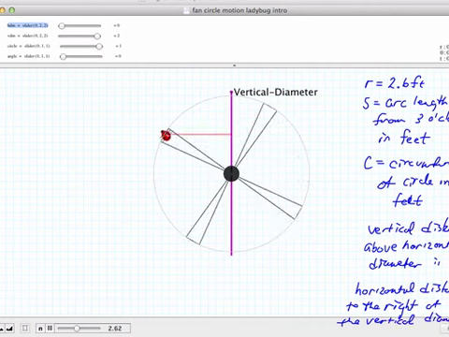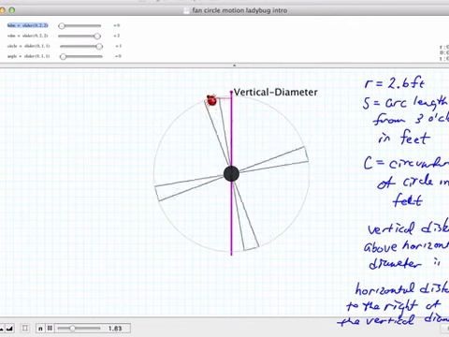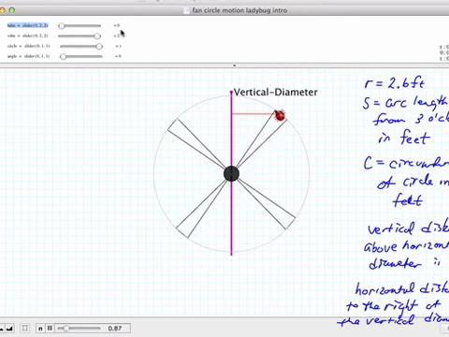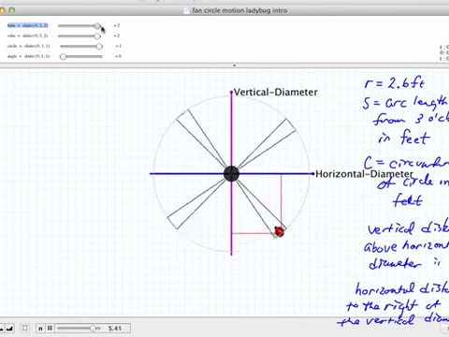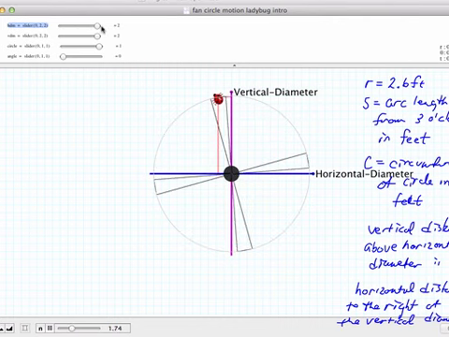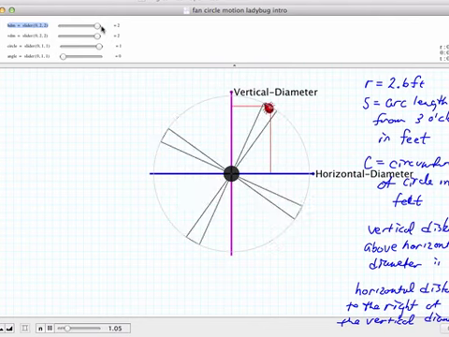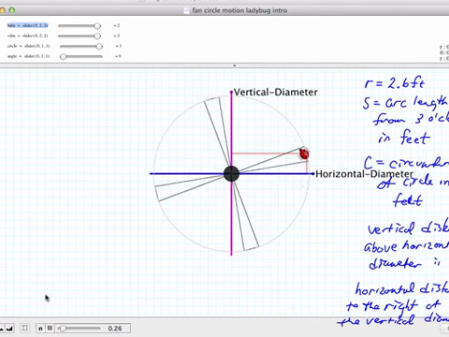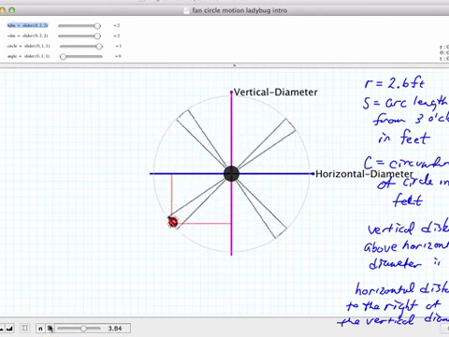Of the vertical diameter. So would you agree if we tracked both of those, the vertical distance above the horizontal diameter and the horizontal distance to the right of the vertical diameter, we could pinpoint the exact location of the bug for any angle or any arc length.